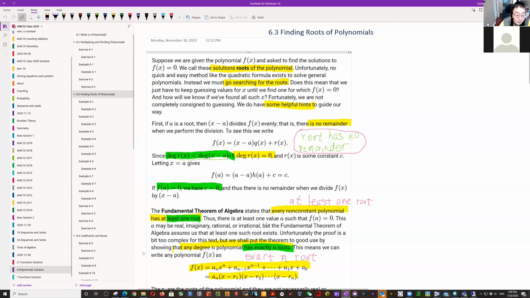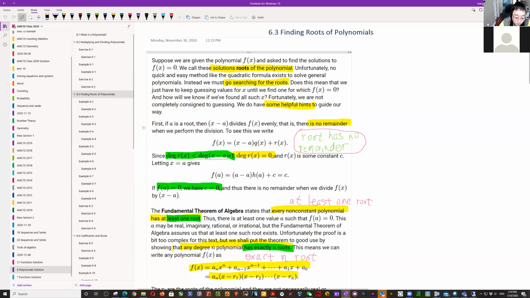And so the first thing we have to understand is that to evaluate a function's value at a point, we just need to do the synthetic division and get a remainder.